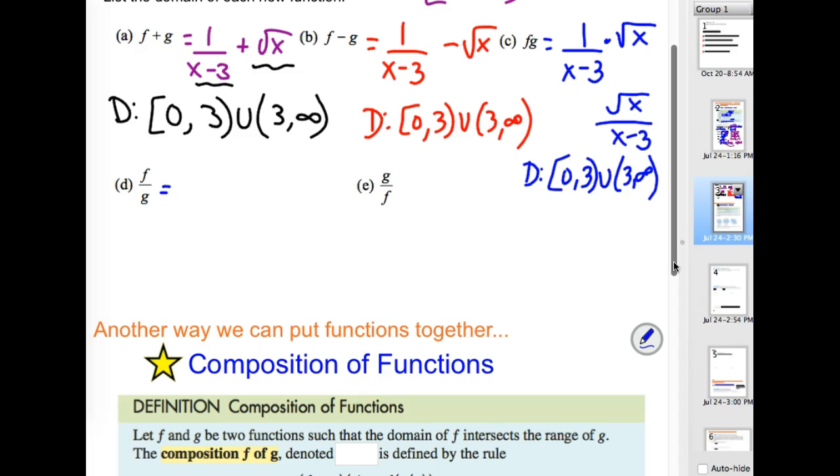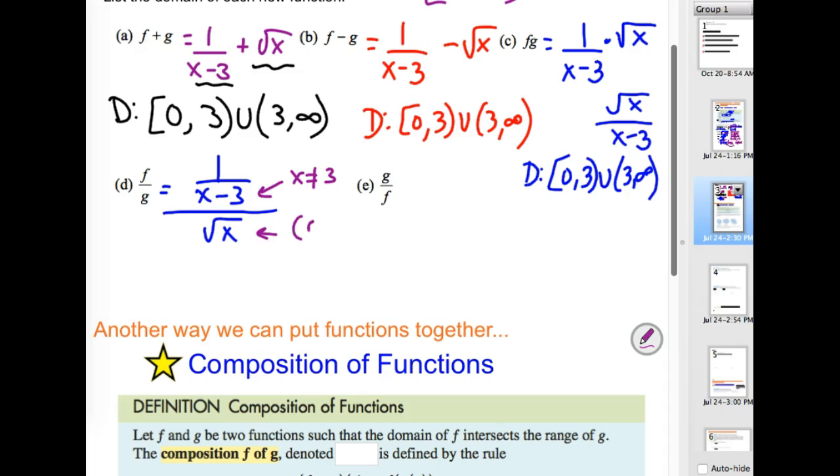So for this function, we are taking f and we are dividing by g. Looks a little messy. There are two denominators now that we have to worry about. The first one is right here, so we know that x cannot be 3. And the second one is down here. We used to say that with the square root of x, it could be 0 or anything higher. But now because we've put that square root in the denominator, it can't be 0 anymore.